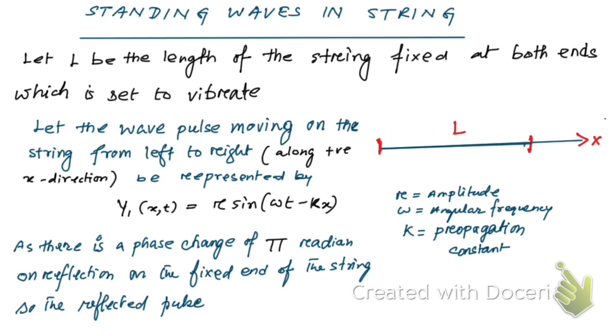The reflected wave pulse traveling from right to left, that means along the negative x direction, is represented by y2.